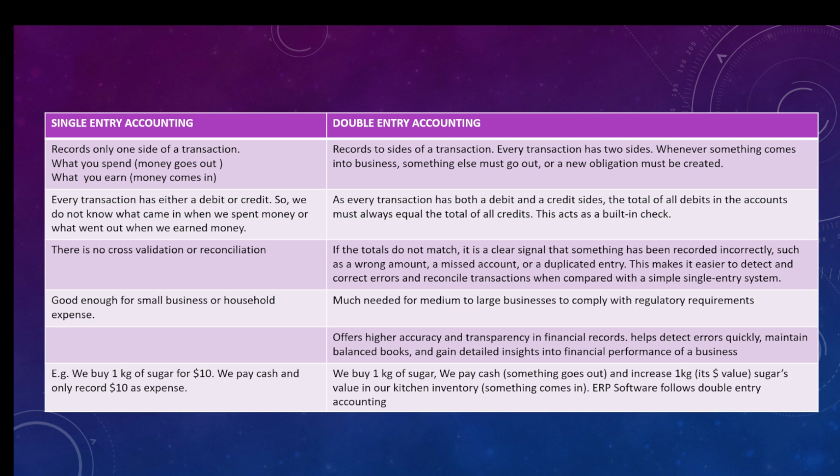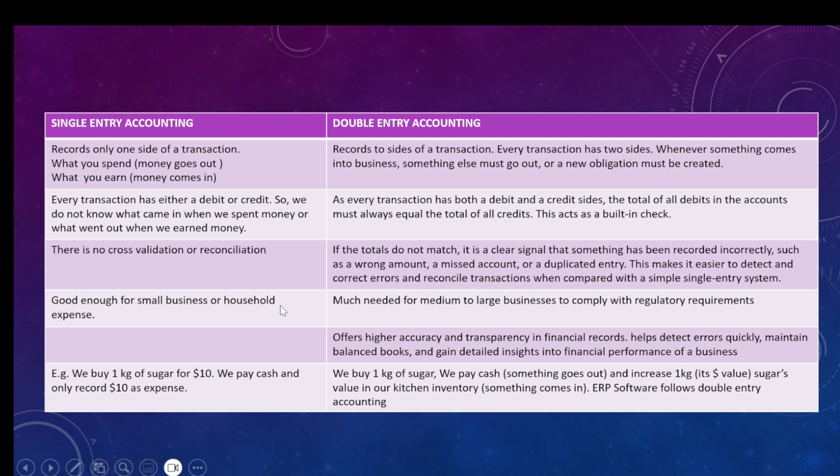So I spend 100 rupees or $100, and then I get $100 worth of a spare part. These are two sides of a transaction. This is what is done in double entry. Whereas if you take a single entry, I will just record that I spent $100 for buying a spare part. That's all.